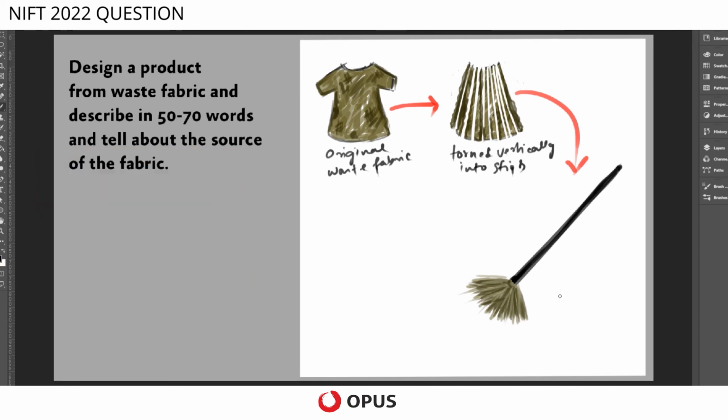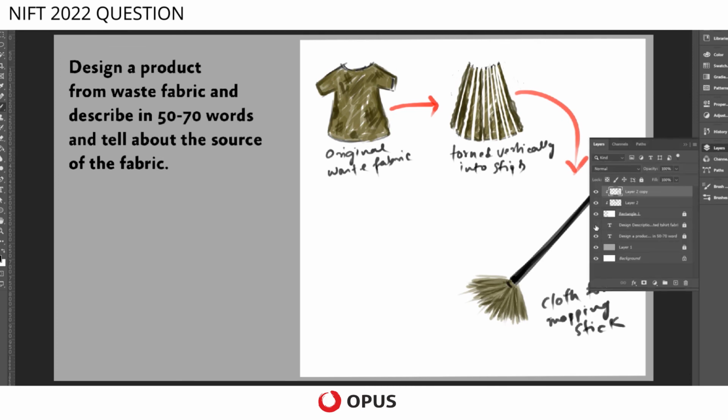Then finally you can write here cloth for mopping stick. So this entire thing becomes the ideation sketch of how a waste fabric can be used. Okay, so this is how you can give the solution through a sketch diagrammatically.